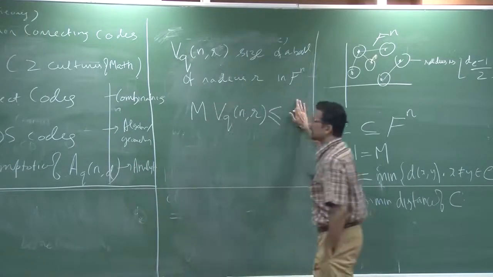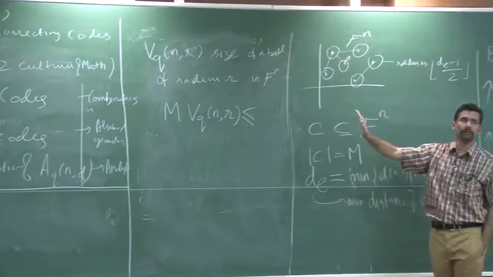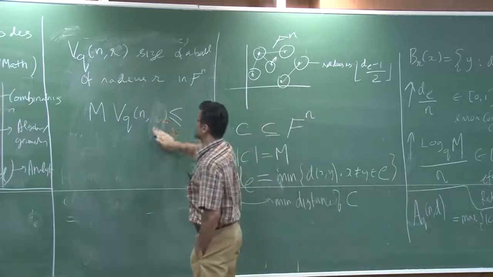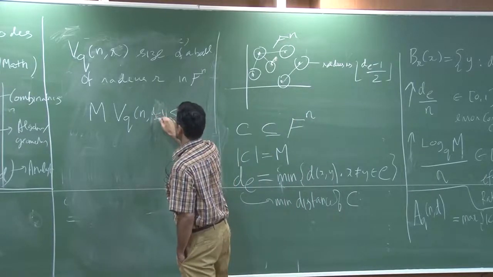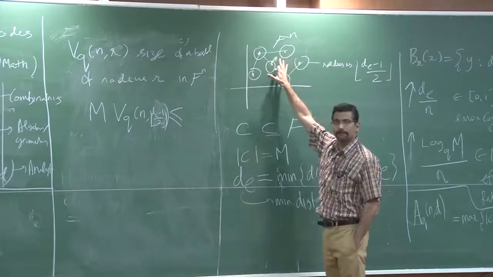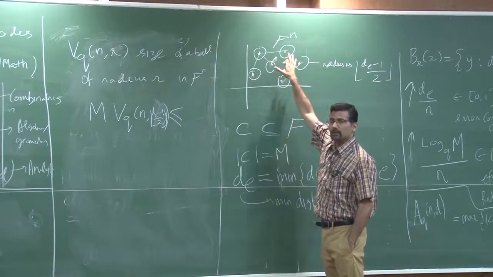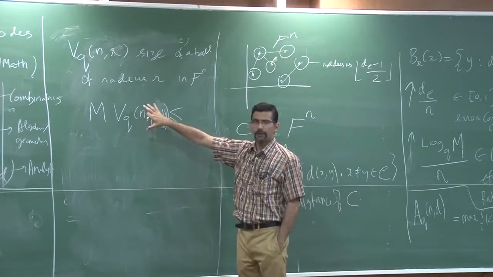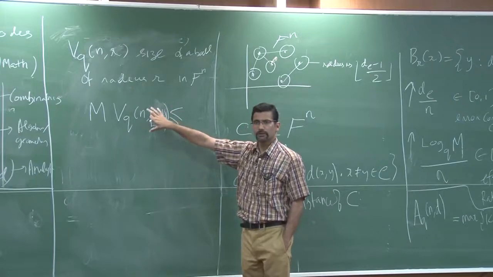Can you fill the RHS of this inequality for me? Go back to this code. It has size m. There are these m balls. The size of each ball is this much. Size of a ball of radius (d minus 1) over 2.